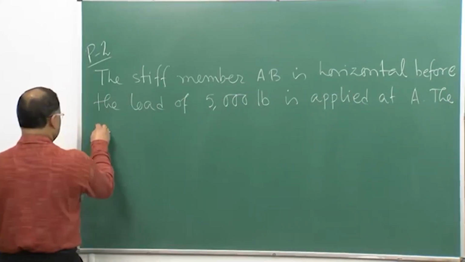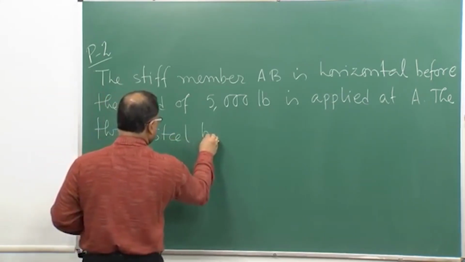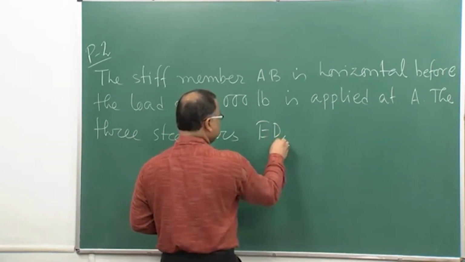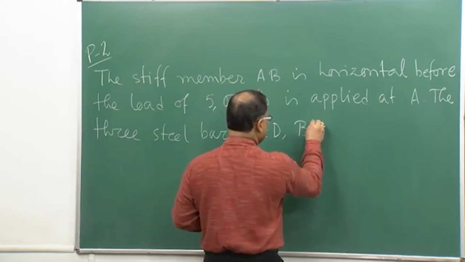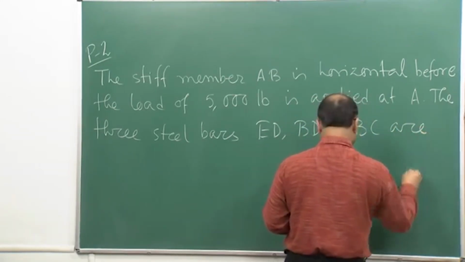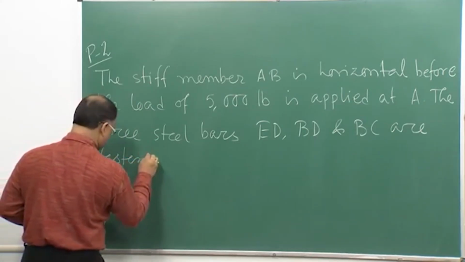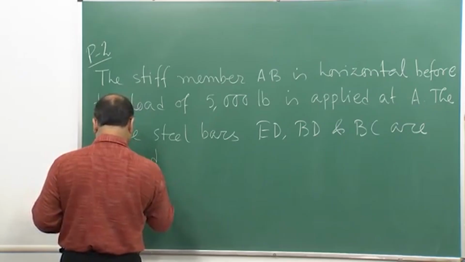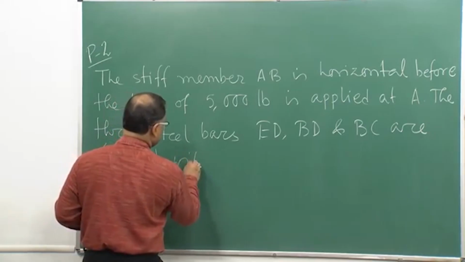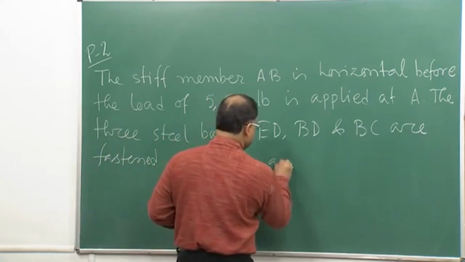The 3 steel bars ED, BD and BC are fastened with pins at their ends.